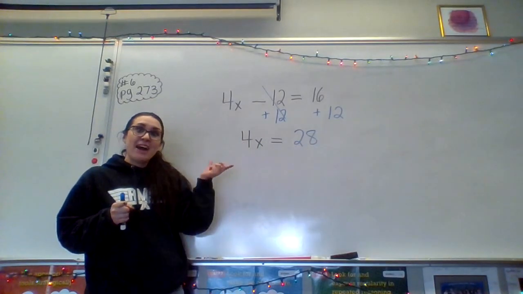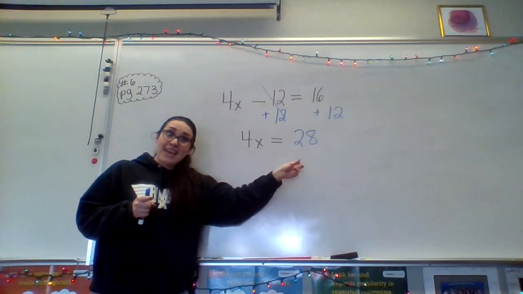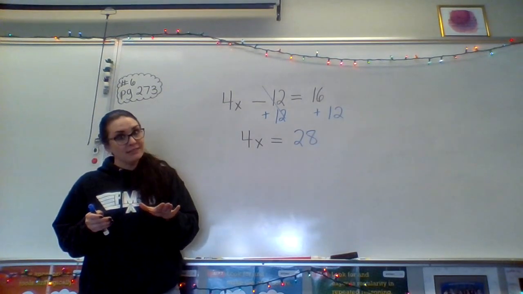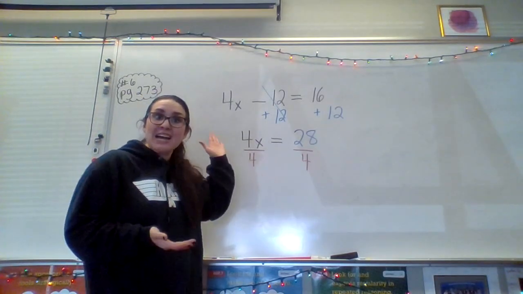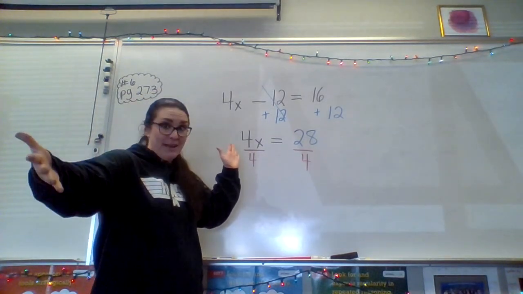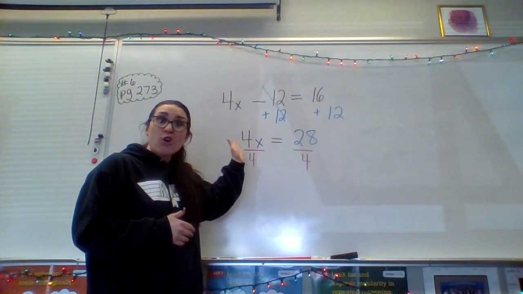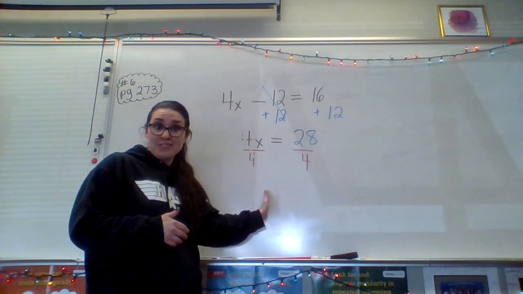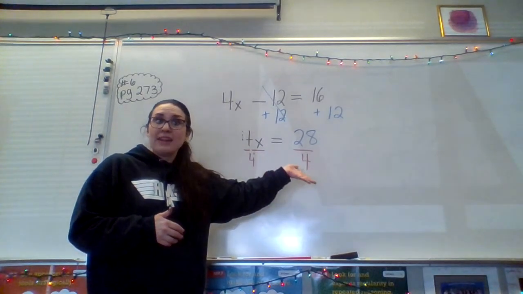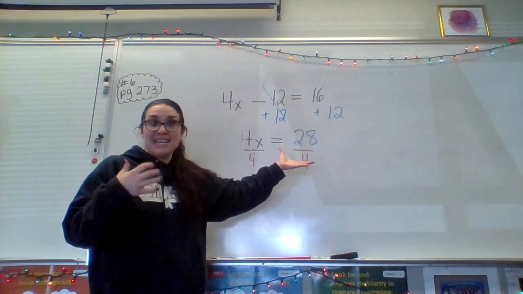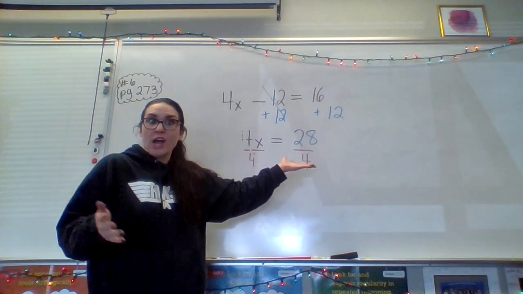Now remember, if I used multiplication to get 28, how do I undo multiplication? We're going to use division, right? So to undo multiplying by 4, I'm going to divide by 4, right? Now, if you multiply by 4, but then you divide by 4, that cancels each other out, right? And then we're left with just x is equivalent to 28 divided by 4.